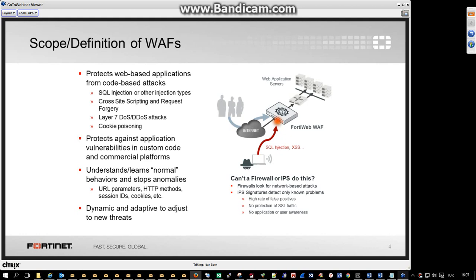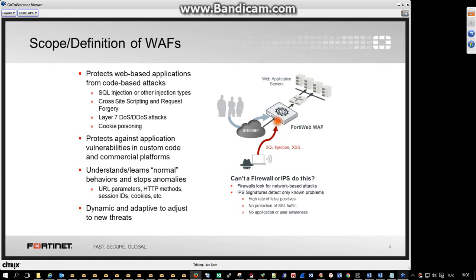Why really are a firewall and an IPS not good enough? Usually, first of all, because of that profile building functionality that they don't have, but also because they're very limited in what they're looking for. Usually they're not looking all the way up to the application layer, but if they do, it's very limited. A lot of times they don't have visibility into SSL.